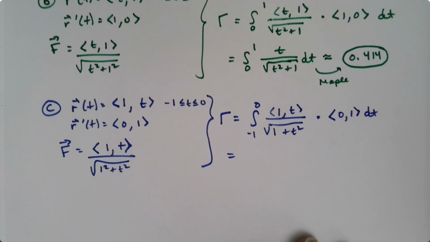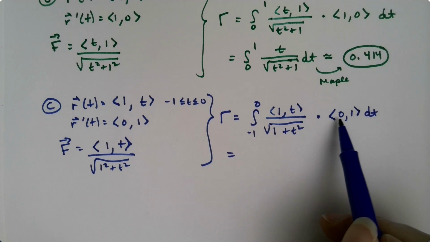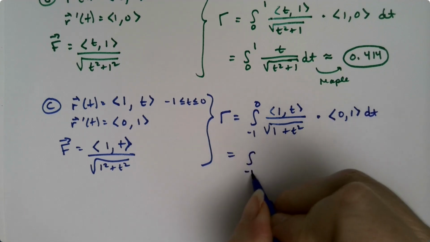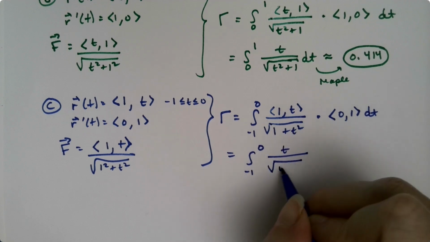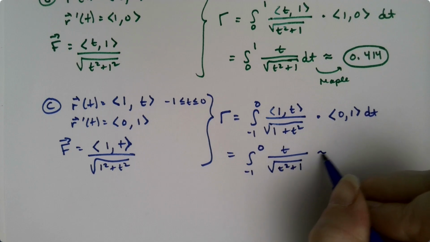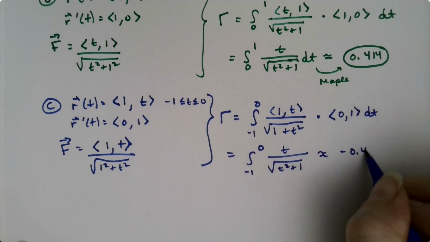And similar to the one above, the first component is going to drop away because it's times 0. So we're taking the integral from -1 to 0 of t over the square root of t squared plus 1, which is going to be -0.414.